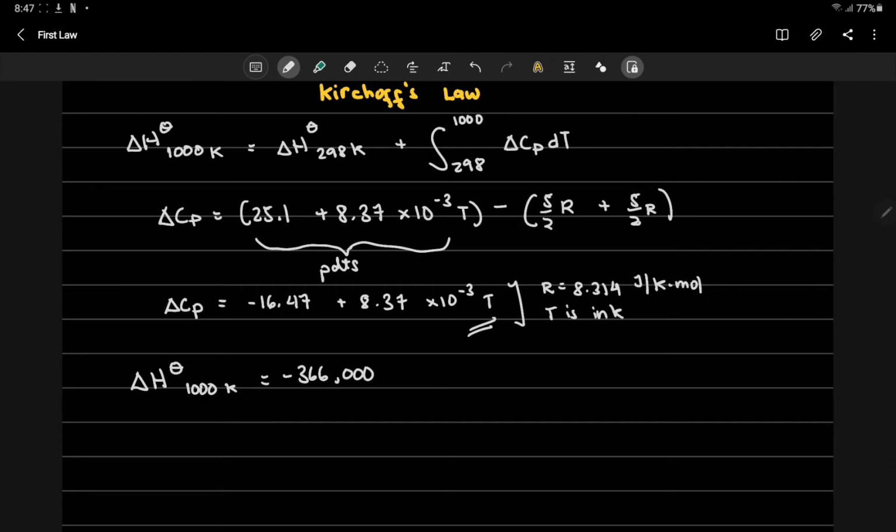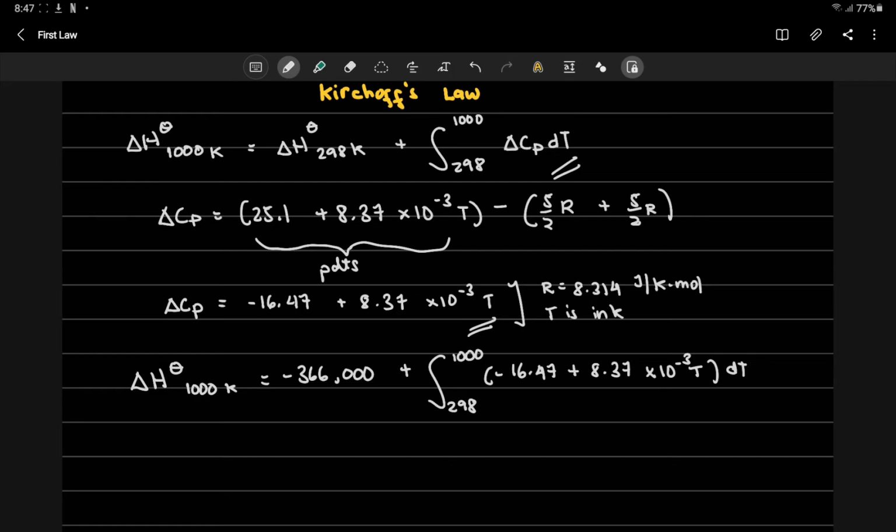Okay. So, I'm now using this working equation. Plus, integral from 298 to 1000 of your delta Cp. And the delta Cp expression that we have now is minus 16.47 plus 8.37 times 10 to the negative 3 times T dT. And you can actually use your calculators if you have your Casio FX series.